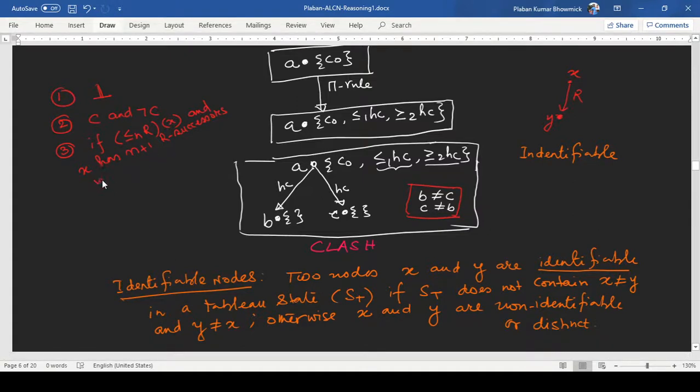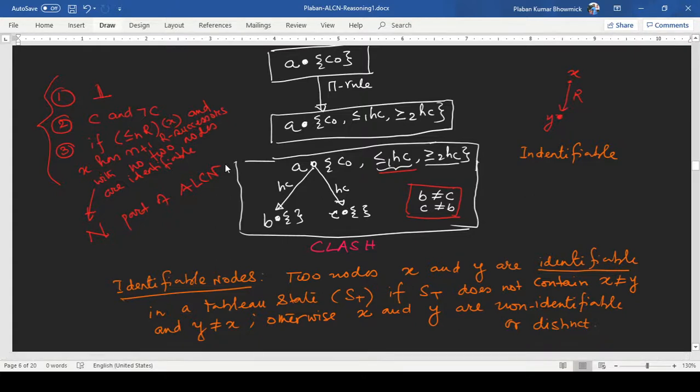Successors with no two nodes identifiable. So you can see that B and C are the only two nodes. They are not identifiable and you have got this. So this is a clash. From now on we will be considering these three clash conditions, and any one of them applies. This particular condition is used to accommodate the N part of ALCN, right?